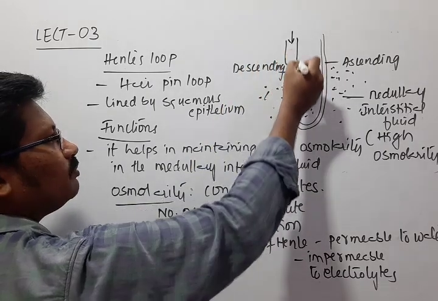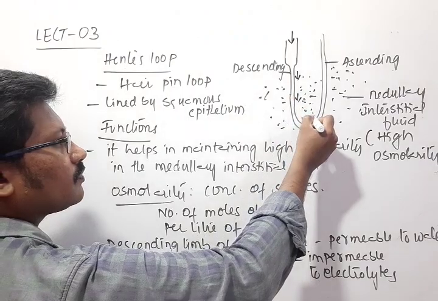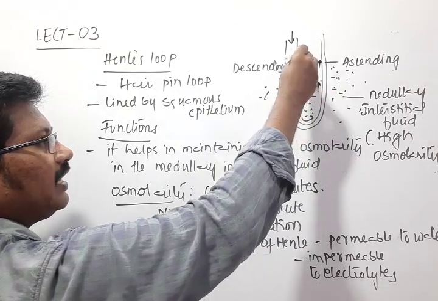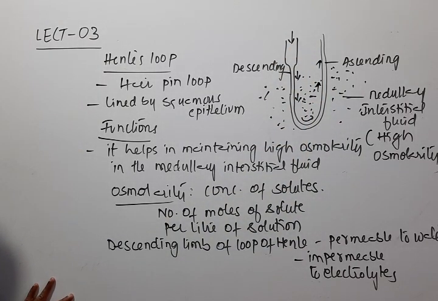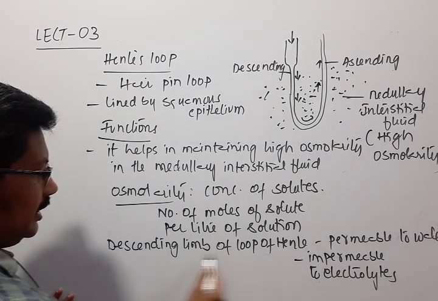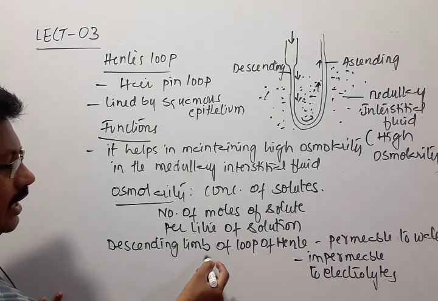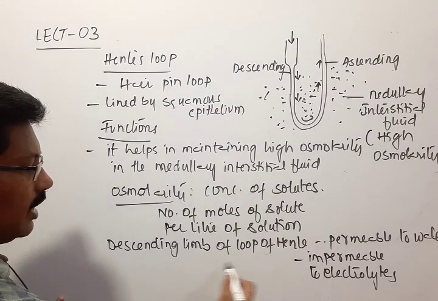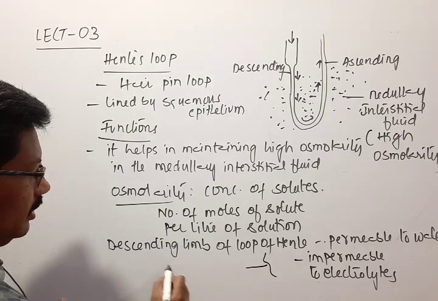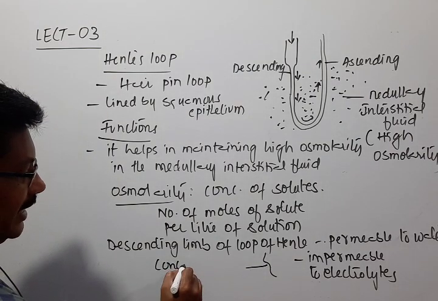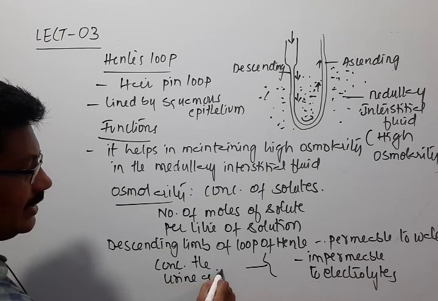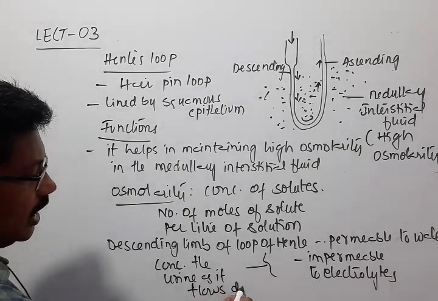We know the filtrate moves in this direction. The arrow marks indicate the movement of the filtrate in the descending and ascending limbs of the loop of Henle. And this mechanism, that is the descending limb, which is permeable to water and impermeable to electrolytes, actually helps in concentrating the urine as it flows down.